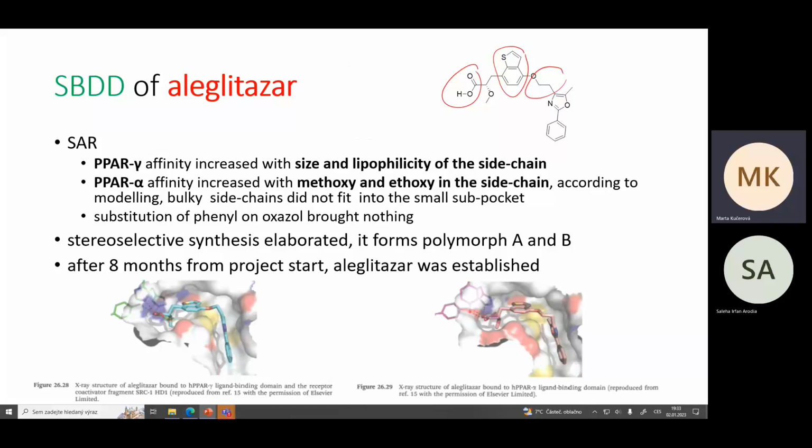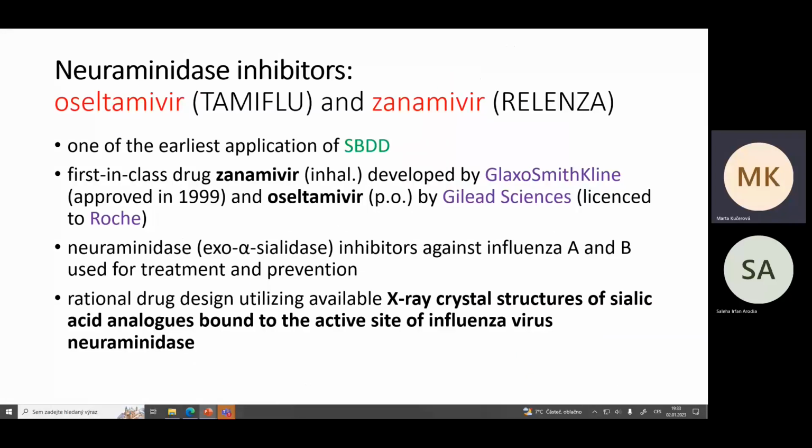So this was a very nice example of structure-based drug design. And let's continue with antiviral agents.